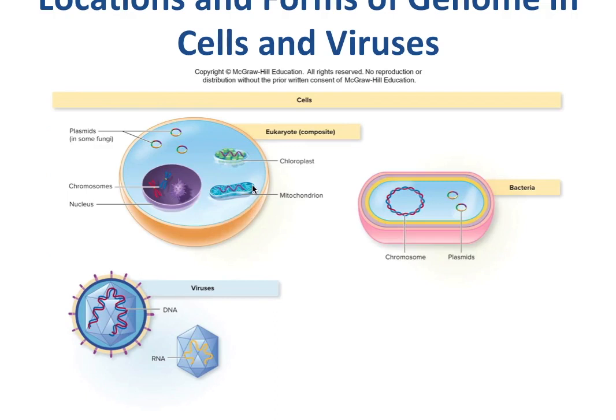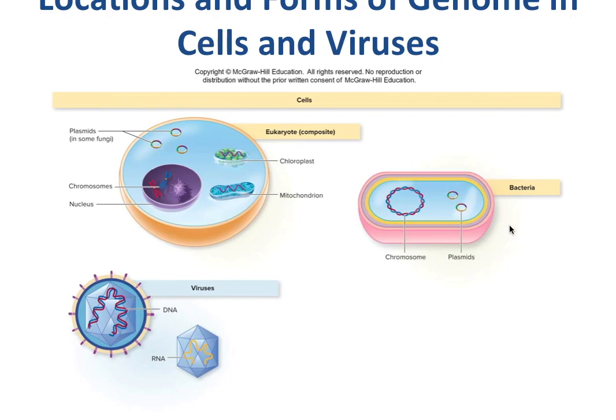This is a eukaryocyte. A eukaryocyte has the nucleus, so the chromosome is inside the nucleus. This is the mitochondria. In fungi, some fungi have plasmids. Plasmids are used for transformation of the DNA information.